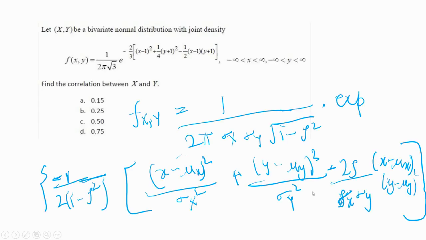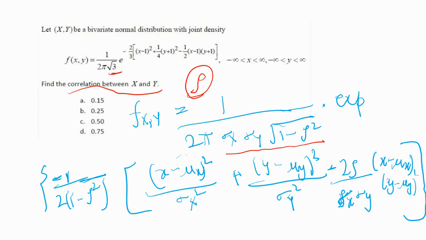So now all we need to do is compare this expression with this expression to find the correlation. What is correlation? Correlation is rho. So we want to find rho. Firstly, 1 upon 2 pi is the same on both sides, and then here is rho. So 1 minus rho square times sigma x sigma y is equal to root 3.